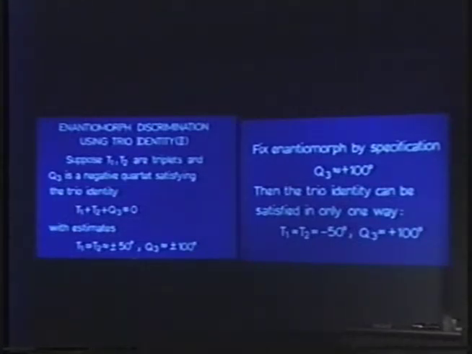Now, in this case, of course, I've purposely chosen numbers such that with the initial estimates, the identity is exactly fulfilled if the signs are chosen properly. But again, in general, the initial estimates will be such that this identity will only be approximately satisfied with the correct combination of signs.